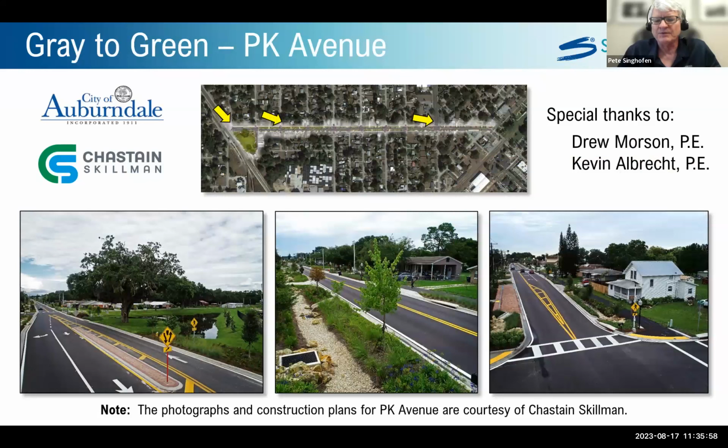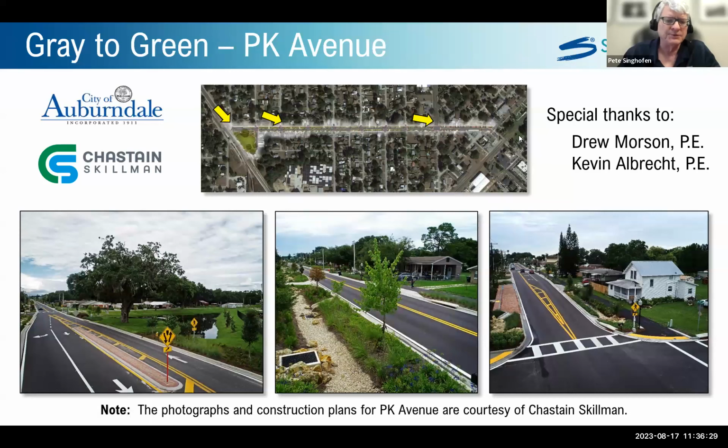And this is in Auburndale, and this is referred to as PK Avenue. It was a 4-lane road, and the city wanted to add some BMPs, green infrastructure, to it and make it a much more pleasant pedestrian area, but also improve the water quality going to those lakes.